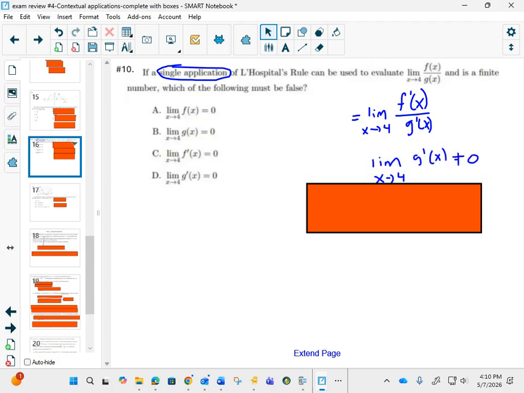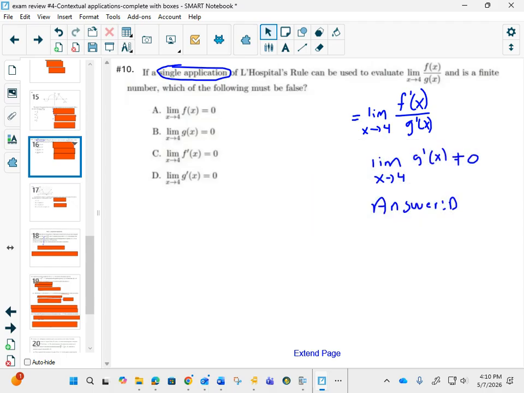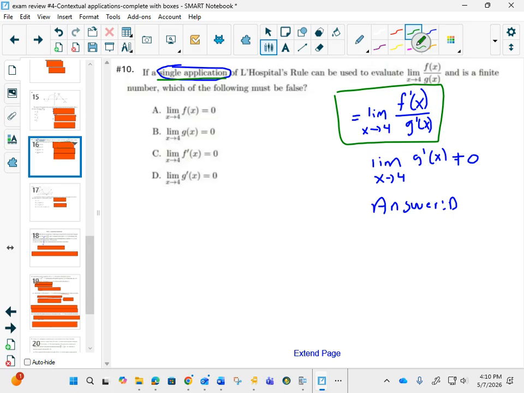Therefore, that must be false, and the answer is D. So again, this part here should tell you to write out this right away, and then go through these things.